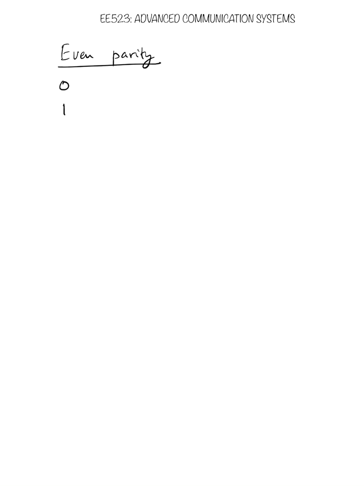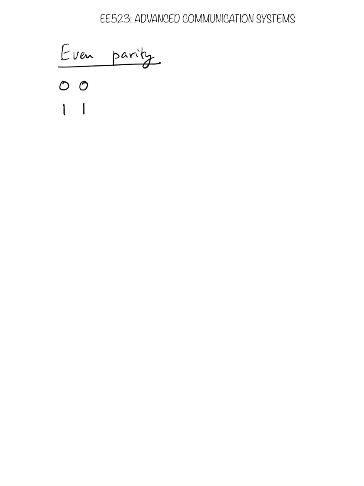For 0, we want to add a parity bit such that the total number of ones is even, so this has to be 0. So 0, 0: the total number of ones is 0, which is an even number. If the information bit is 1, we have to add the parity bit in such a way that the total number of ones becomes even. Therefore this would become 1.